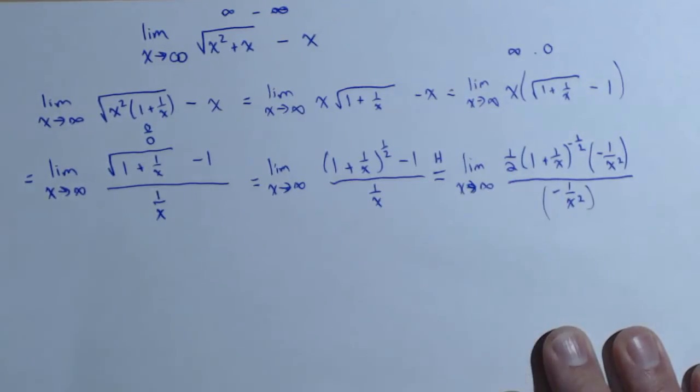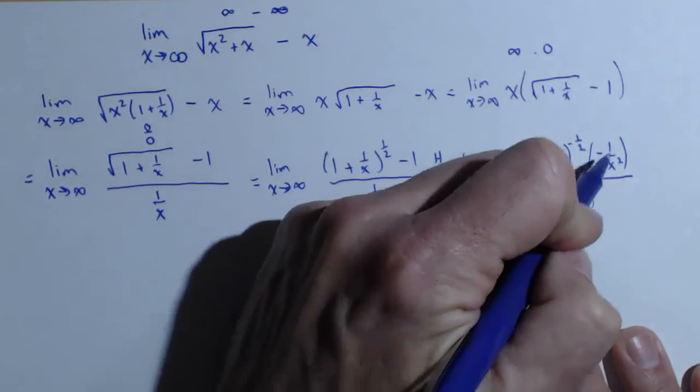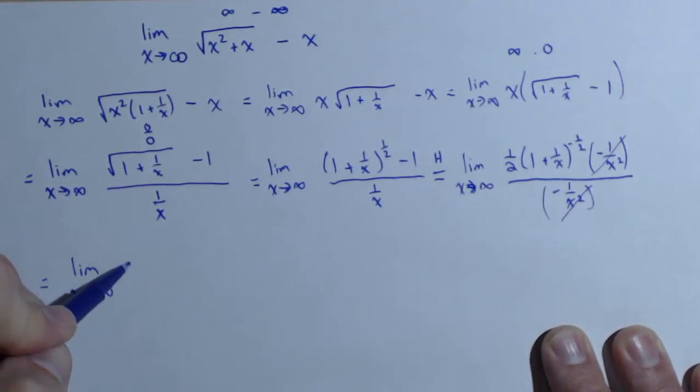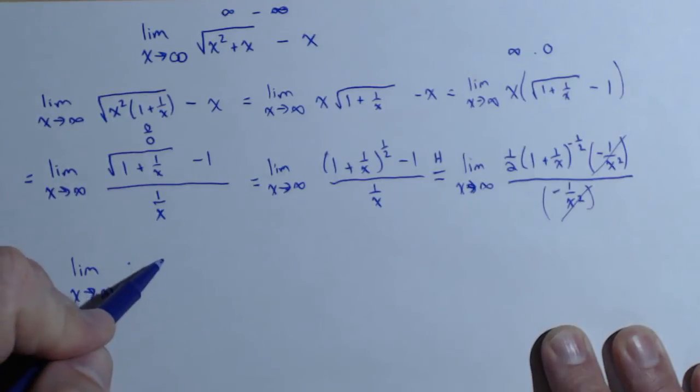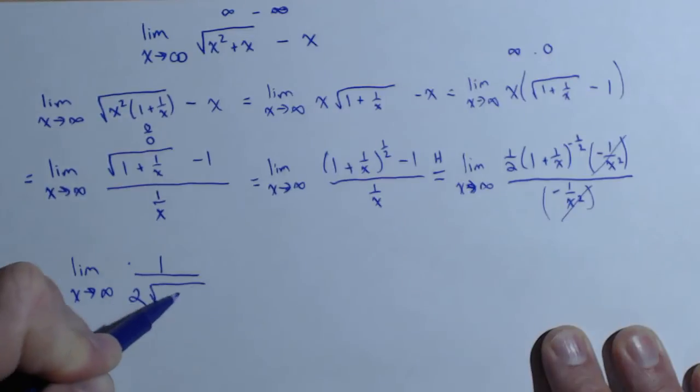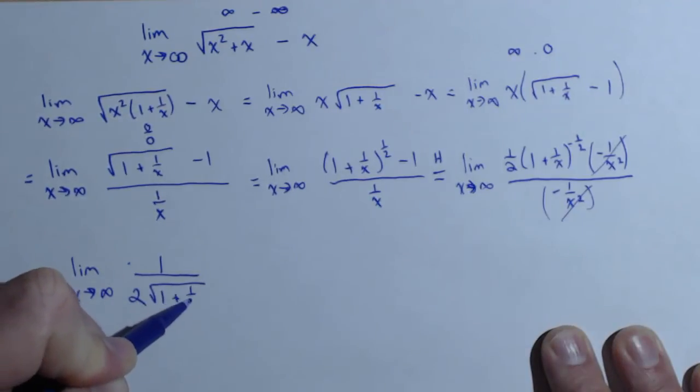First thing you should do before you try to reapply L'Hopital's rule is any simplifying. These are going to cancel, and what I have now is the limit as x goes to infinity of, and I'm going to rewrite this back as a radical, 1 over 2 times the square root of 1 plus 1 over x.